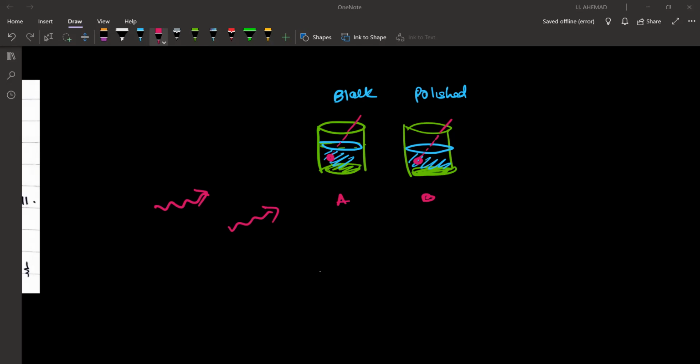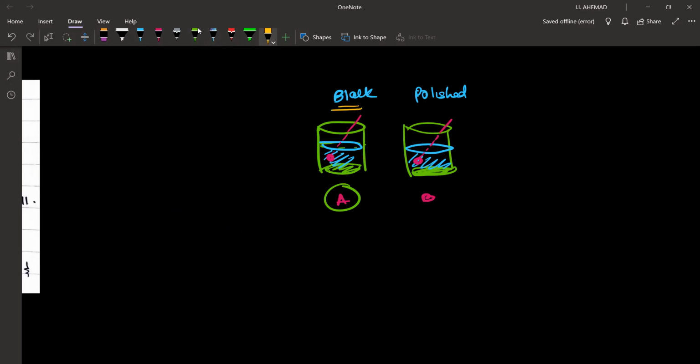Saja, what do you say? The answer is A. The idea is which is the best radiator? I mean, which one will absorb the radiation more? Black color will absorb the radiation more.